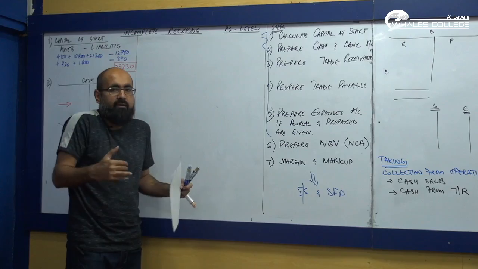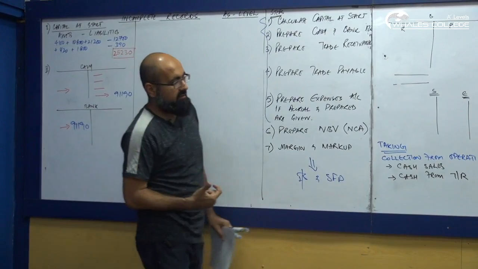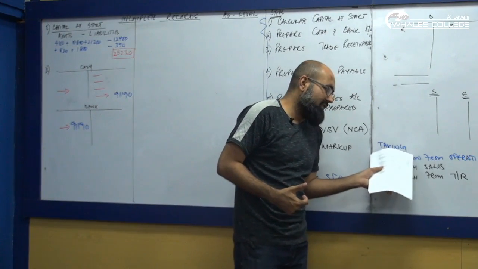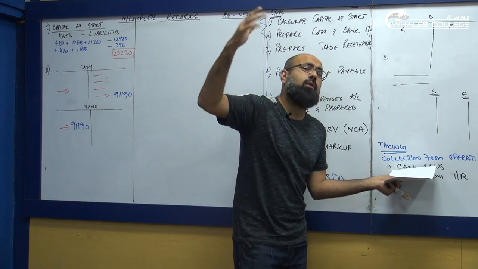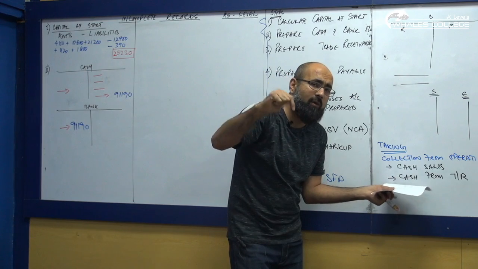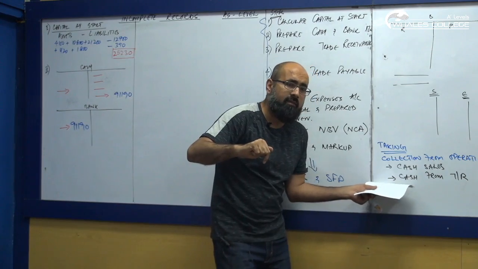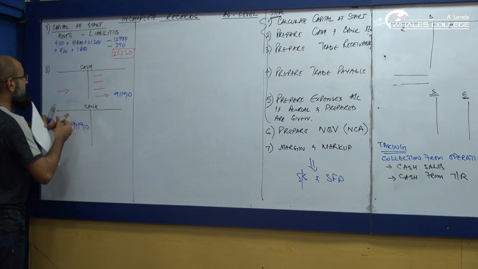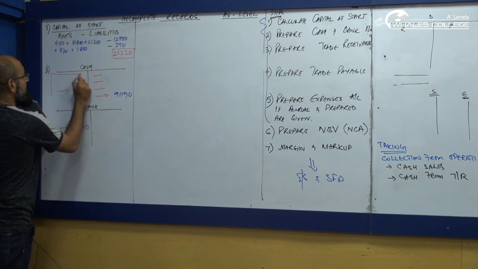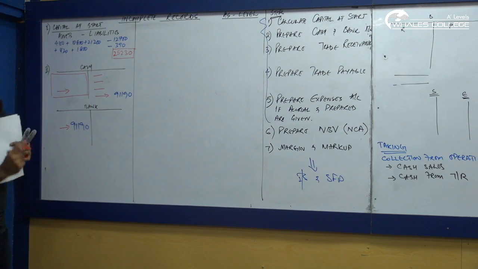When the person is sitting at the counter selling goods, collecting cash, the cash collected on the counter is called takings. It may be you are selling the goods right now and getting the cash, or you already sold on credit and now you are collecting the money from the credit customer. These are the sources of collection of cash. So you have to judge in your exam this collection of cash. Maybe there are only two ways: number one, cash sales, or cash from receivables.